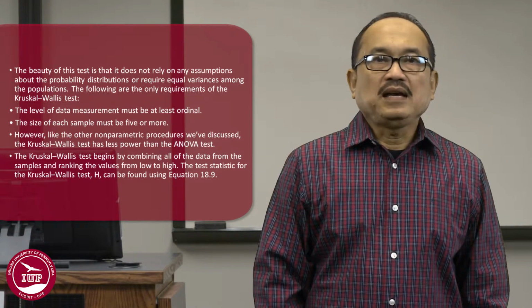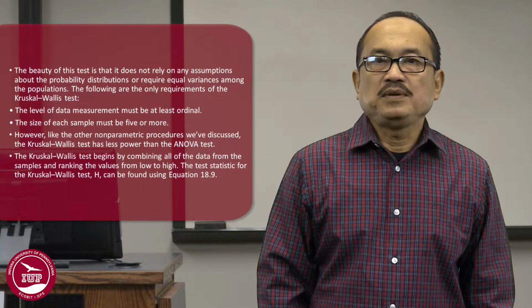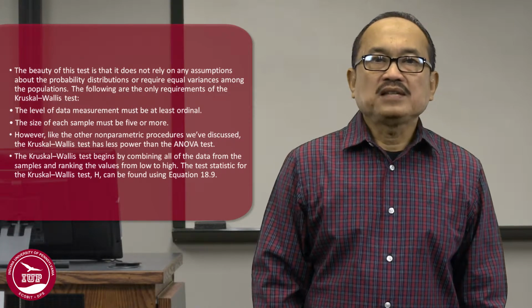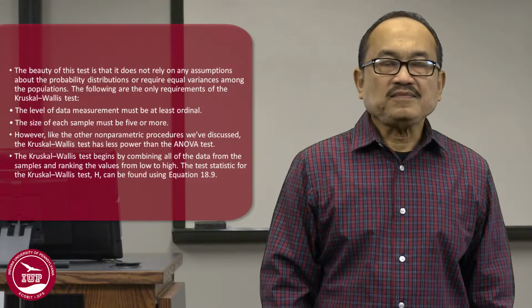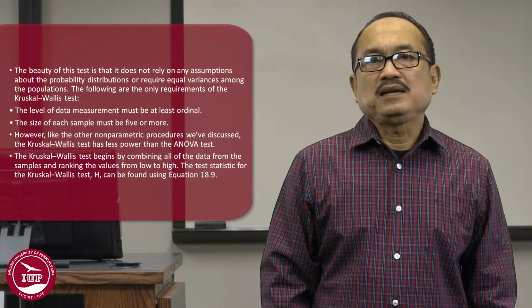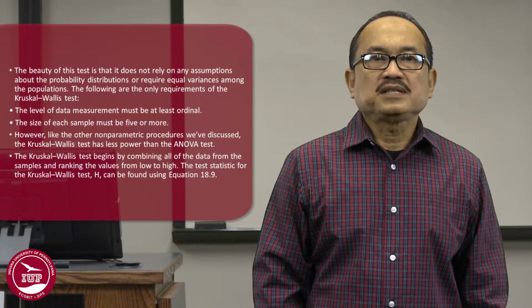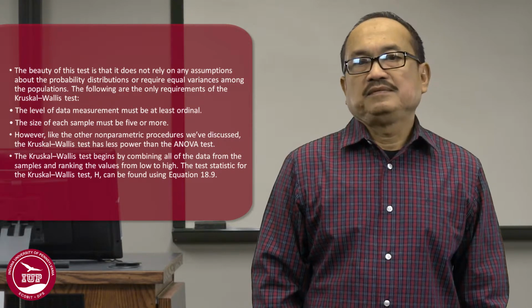However, like other non-parametric procedures we've discussed, the Kruskal-Wallis test has less power than the ANOVA test. The test begins by combining all of the data from the samples and ranking the values from low to high.